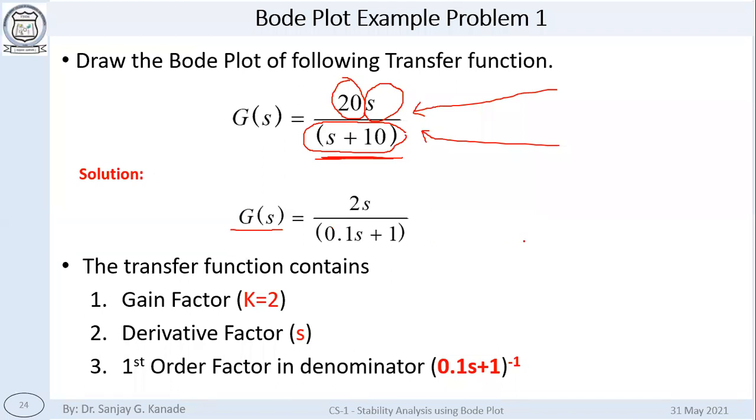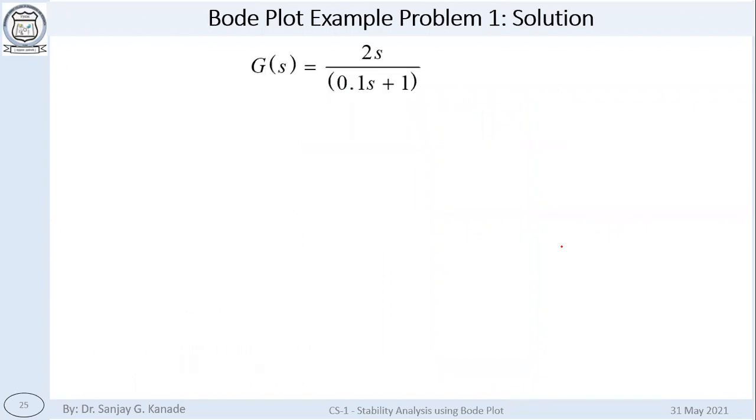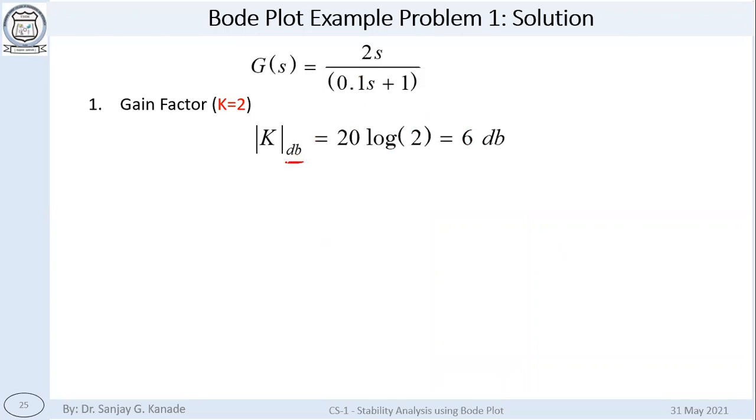So for gain 2, the magnitude in decibels is simply 20 log of 2. So that is 6 dB. So what will be the shape of this gain factor? It is simply a straight line drawn at value 6.